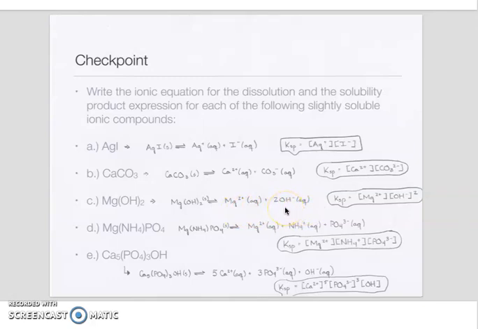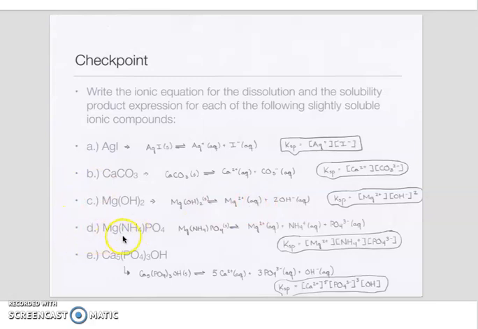So it's important to note that for every 1 magnesium, I need 2 hydroxides, and that's going to be represented by the coefficient in front of my OH-. When I write my KSP expression, my KSP is equal to the concentration of magnesium times the concentration of the hydroxide ion, and we're going to raise that hydroxide ion to the power of 2 because of its respective coefficient. So make sure you're raising each one to its respective coefficient.